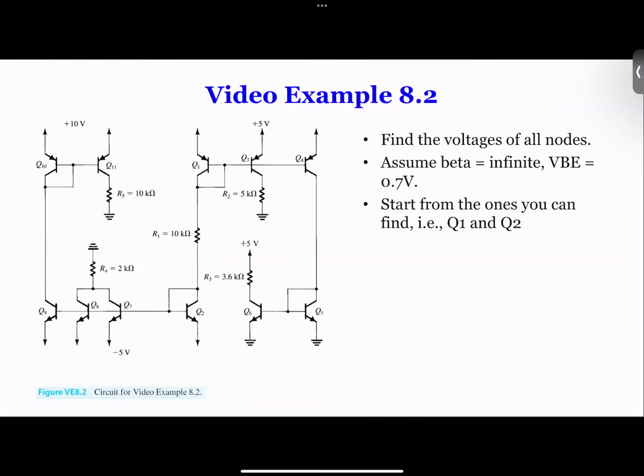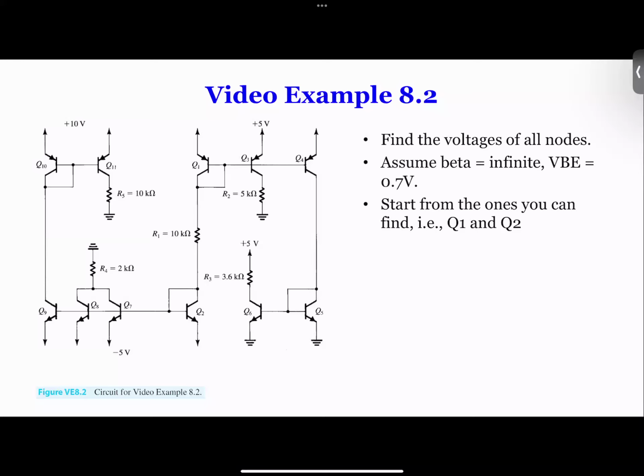So that's current sources. And then here, in this example, we still want to do the DC biasing calculations. This one is similar to the previous one displayed, but slightly different. In this example, we're going to assume beta is infinity to start with.